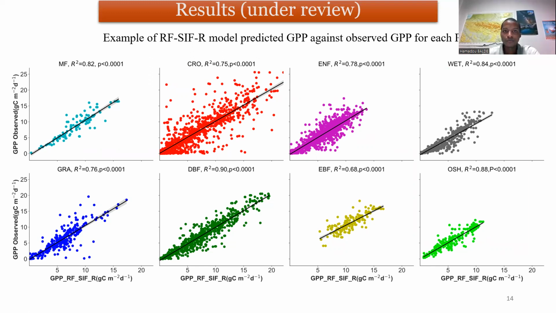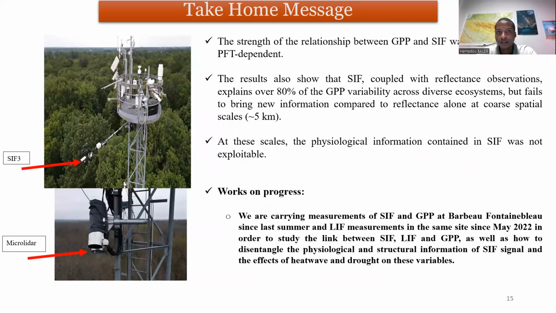So to conclude, we saw that the strength of the relationship between GPP and SIF was site and plant functional type dependent. The results also showed that sun-induced chlorophyll fluorescence coupled with reflectance observations explained over 80% of the GPP variability across different ecosystems, but failed to bring new information compared to reflectance alone at coarse spatial scales, namely at 5 kilometers from the towers.